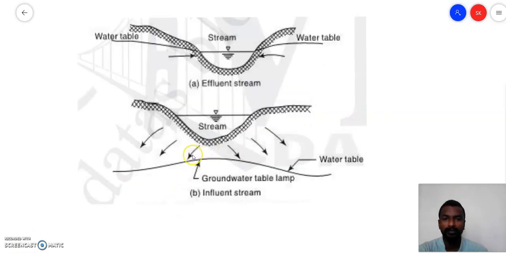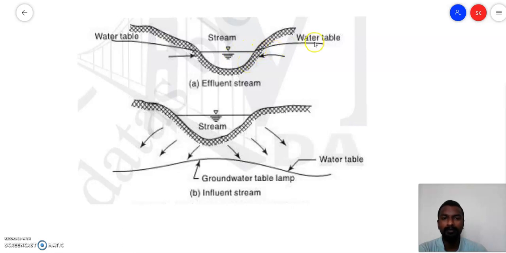I'm also going to share with you one very important concept. Many times you must have observed that this is a stream or river which generally flows for the entire year, whereas we observe rainfall only for 3 or 4 months, and in spite of that the stream flows for the entire year. Generally, we call it a perennial river or perennial stream. How does the water come to this stream?